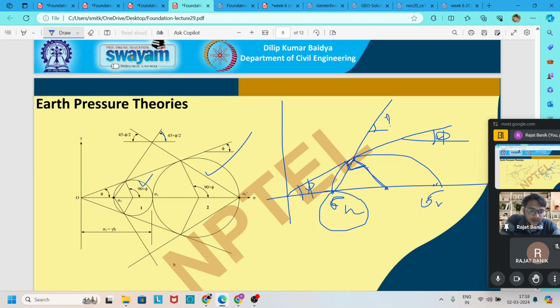So this is phi, this is 90 degree. So we can say that this is 90 minus phi, so this angle is 90 plus phi. After that we have to find out this angle, because this angle and this angle are the same.